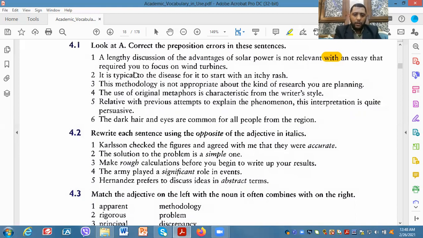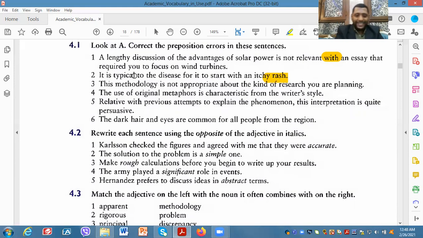So we need to search for a preposition, and this preposition should be corrected. So what do you think about this? Where's the preposition here that should be corrected?